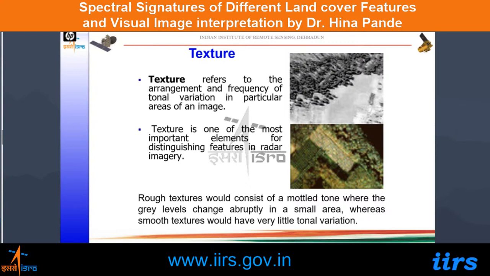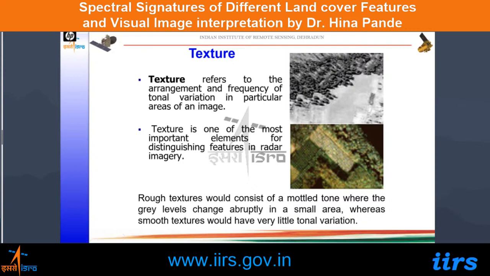So when gray levels change abruptly in a small area, we will see rough textures, whereas smooth textures will have very little tonal variation over large areas, so homogeneous features. Like grasslands and large areas of trees.